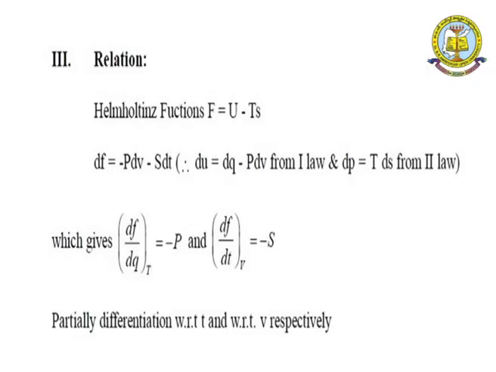That is the Helmholtz function, F equals U minus TS. So, what is the partial differentiation here?